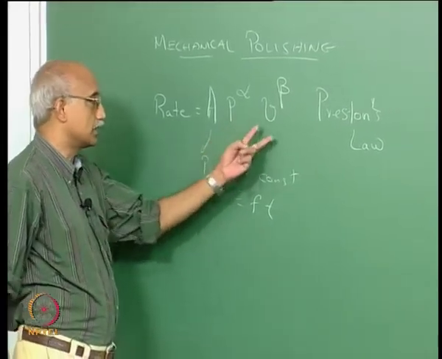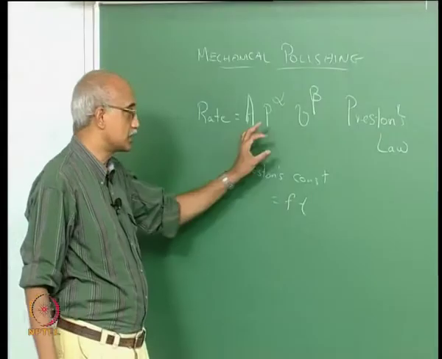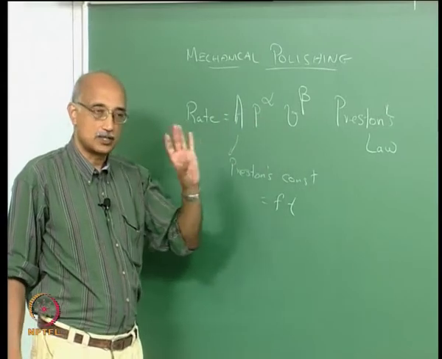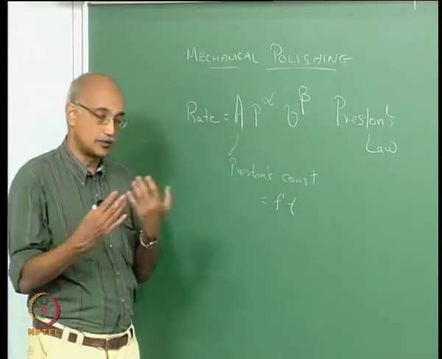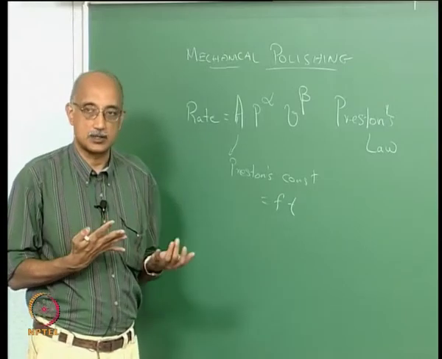If you look at these two terms, they are essentially generic system parameters. So, there is no system specificity here. Pressure and velocity simply refer to how the polishing system is set up in terms of its operational characteristics.